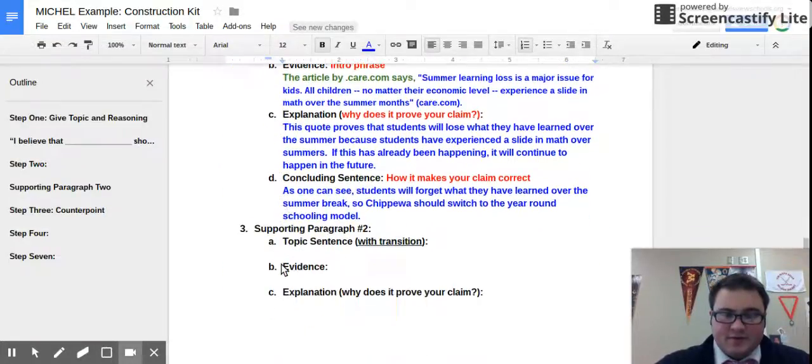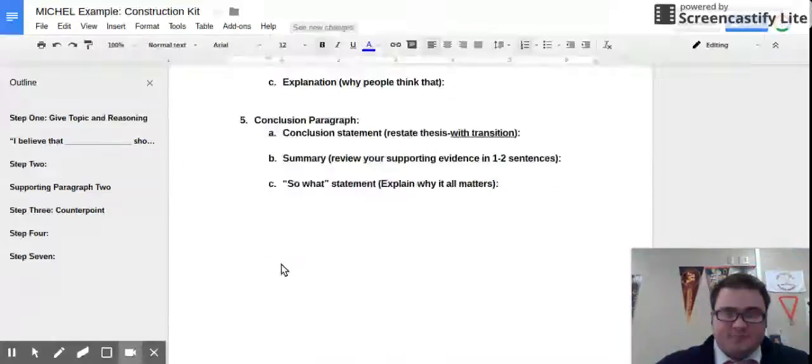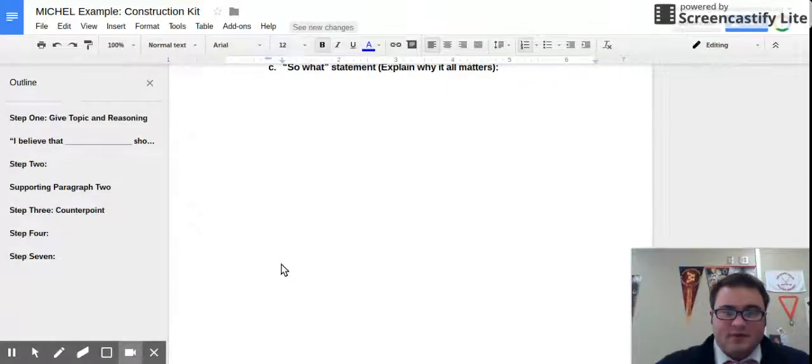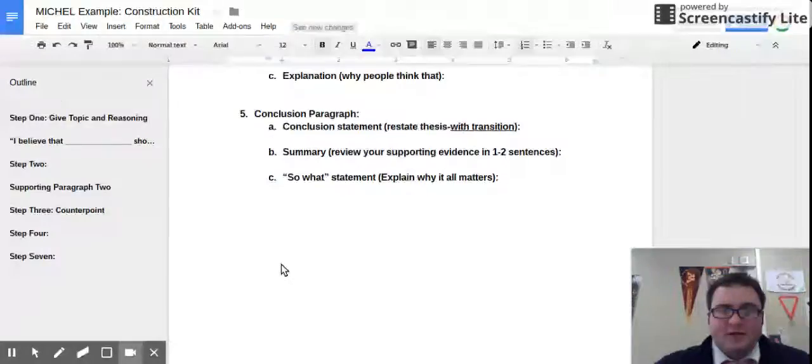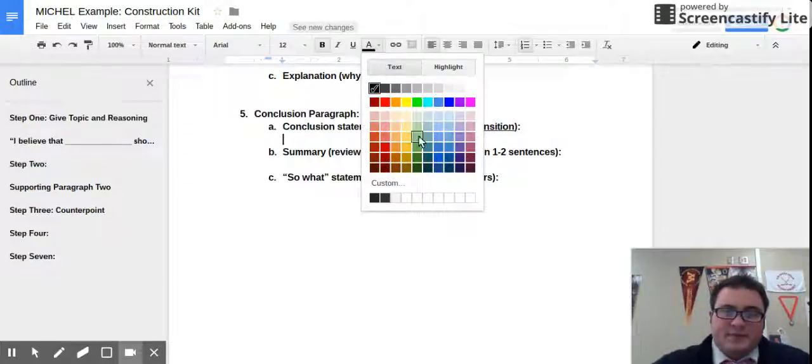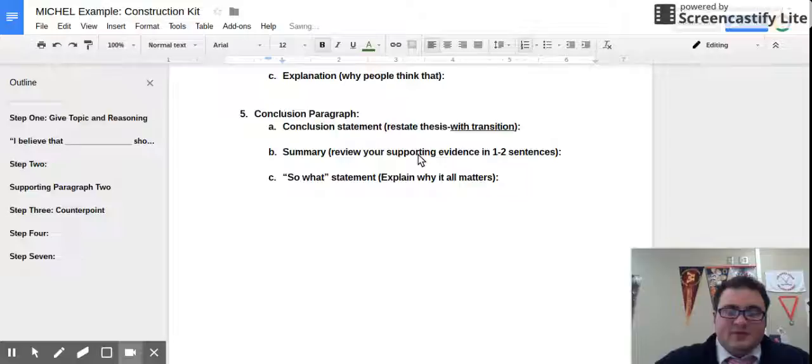Go through the body paragraph. And then what I'm going to do, I'm going to scroll down and complete my conclusion paragraph. Now the conclusion paragraph starts with a transition. I prefer, this is just a personal preference, but I kind of like starting the conclusion with a simple transition phrase.